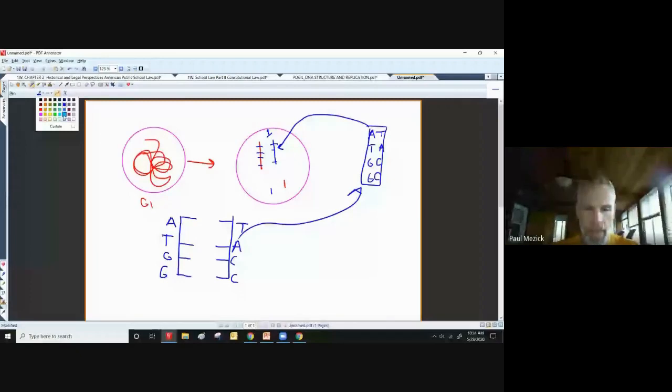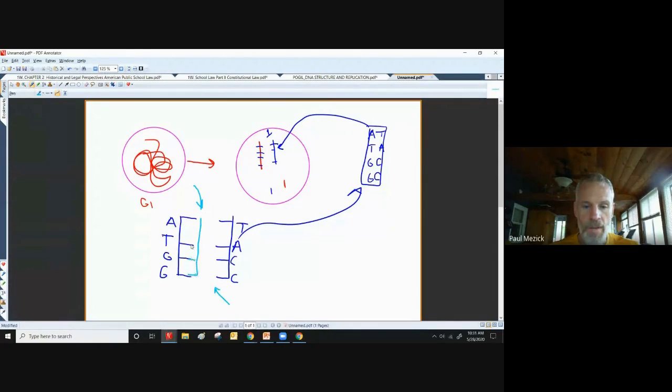Now one end of the letters, we'll just call them letters, is going to come in this direction, and the other end is going to come in this direction. On this end, we're going to put a whole new strand right here, and we're going to connect them.